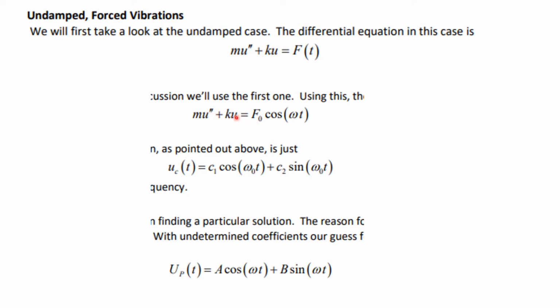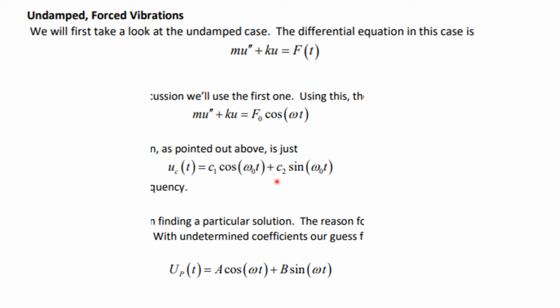Now, our complementary solution, the solution to the homogeneous part, as a function of t is c1 cosine omega 0 t, where omega 0, the square root of k over m, is the fundamental frequency, plus c2 sine omega 0 t.